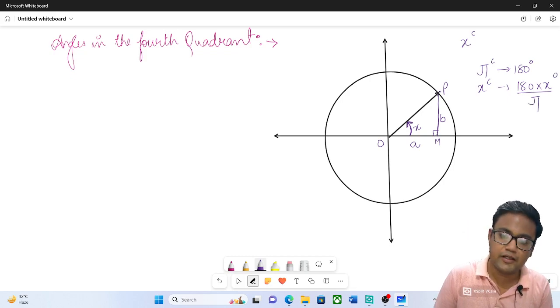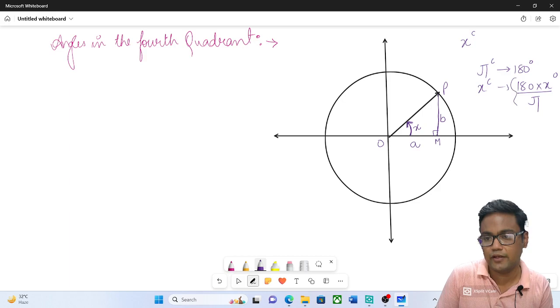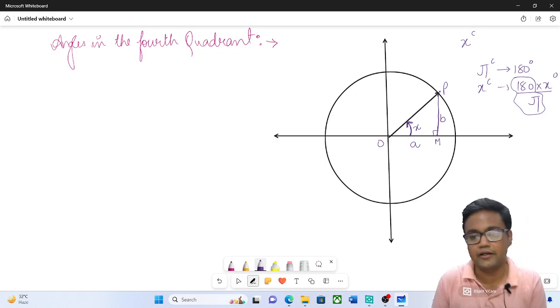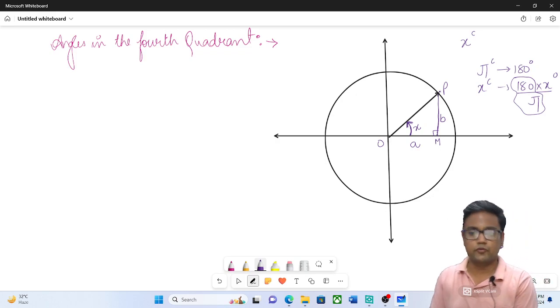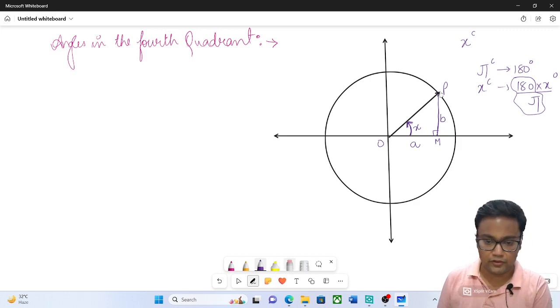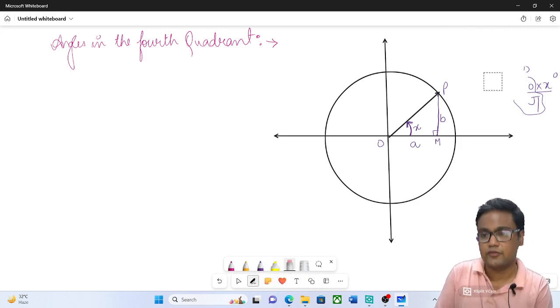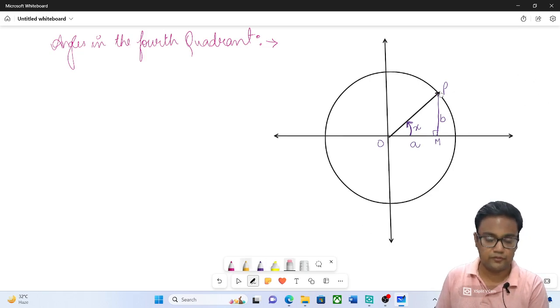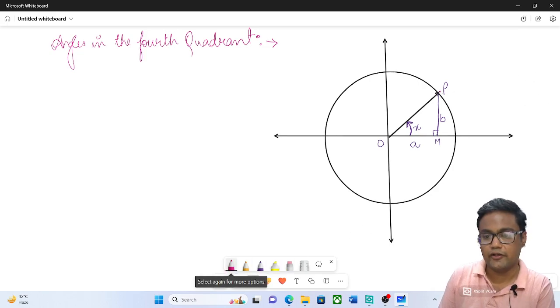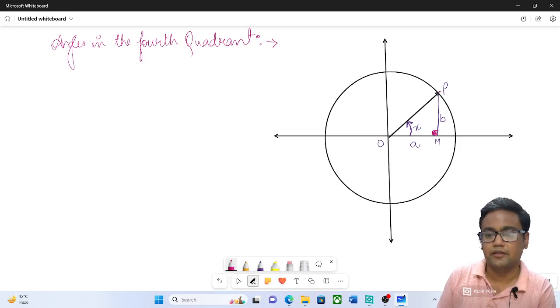So to realize the angles in degrees, you can multiply the radian value by 180 by pi, and vice versa, if the angle is given in degrees, you can multiply it by pi by 180. We are not dwelling on this because there is a video I have made that comprises all the questions of that exercise in the NCERT chapter on trigonometry.